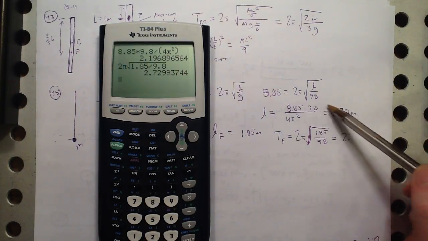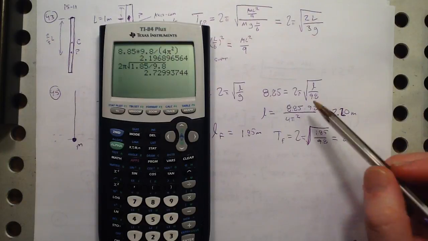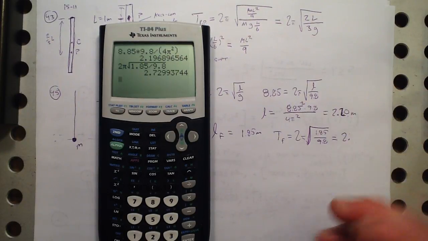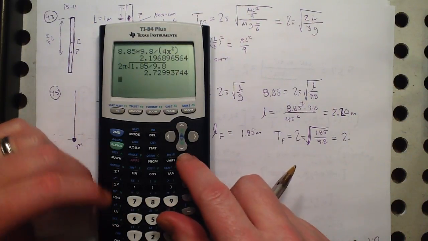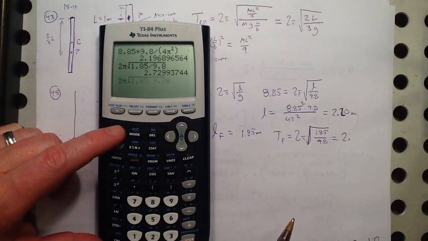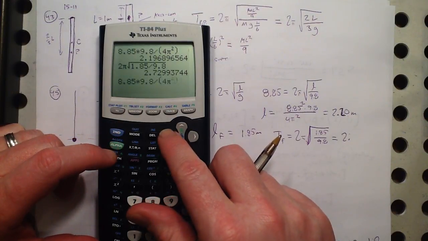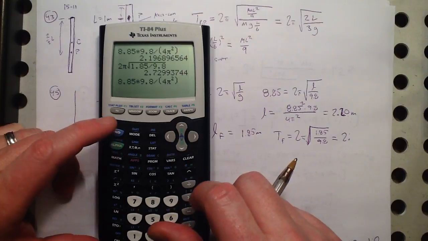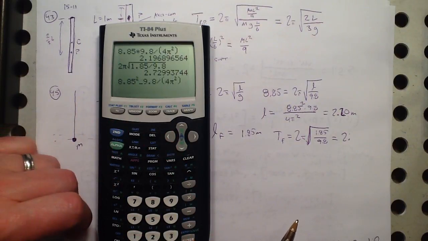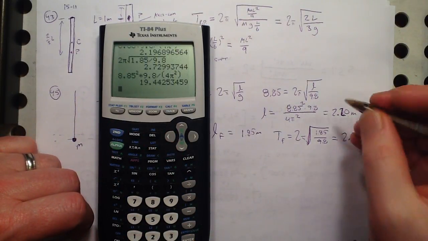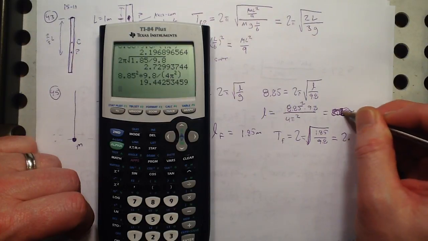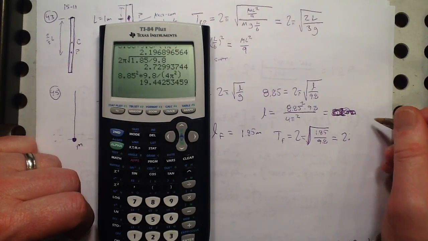Let's see. Squared both sides. Oh, I didn't square this. Let's go back there. Sorry about that. That's why it's a good idea to look at your answers and make sure that they make sense. So this trapeze is much longer than we thought.